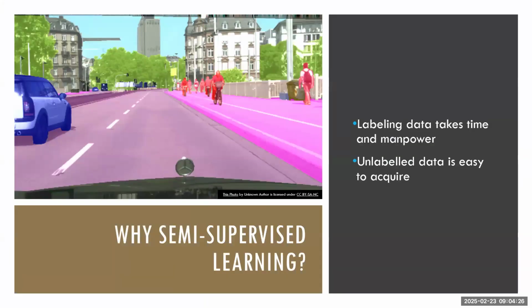So what inspired this type of learning? Labeled data is very nice because you actually know what is going on, and it's easier for the learning process, because you can correct the model to change the outcome to match the ground truth.